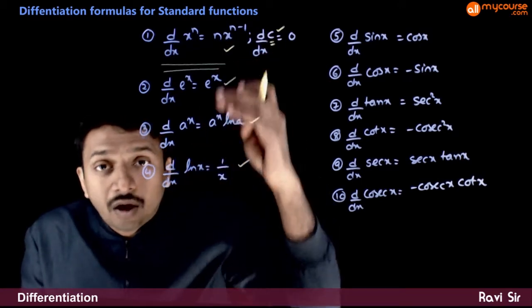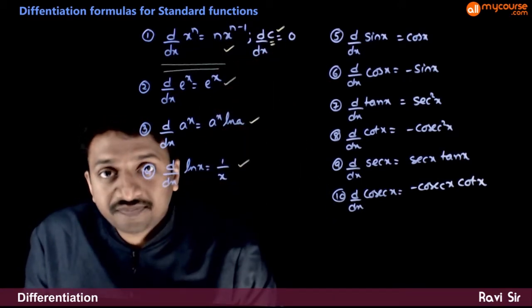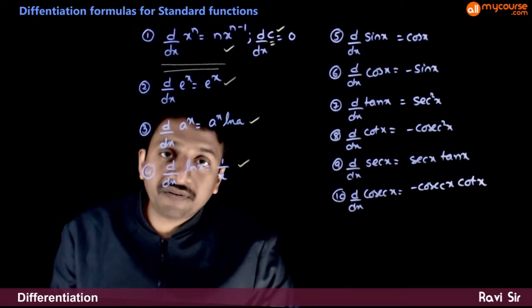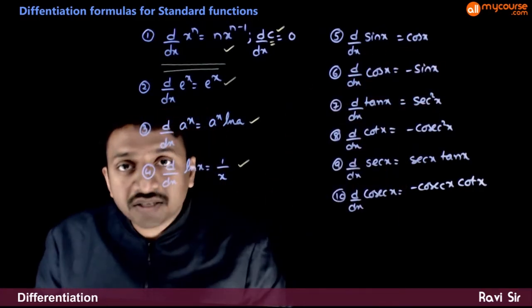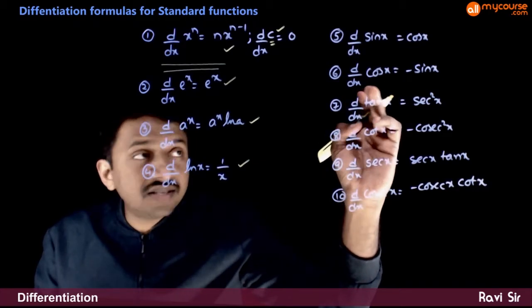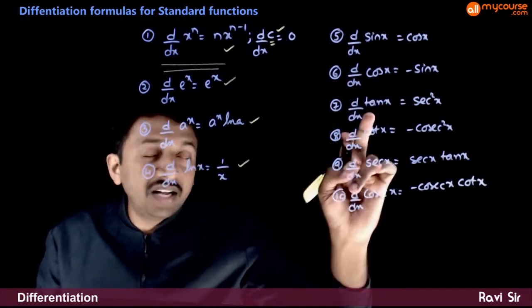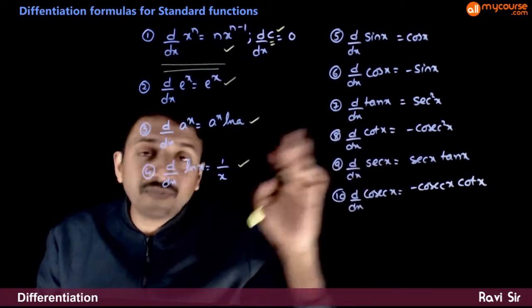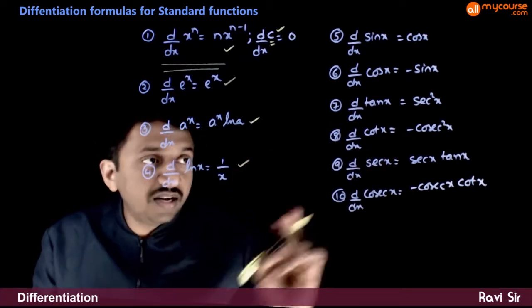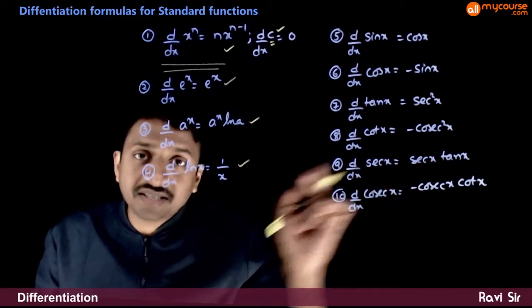So we have already derived all these results. And with respect to trigonometric functions, d by dx of sin x is equal to cos x. D by dx of cos x is minus sin x. D by dx of tan x is secant square x. D by dx of cot x is minus cosecant square x. D by dx of secant x is secant x tan x.